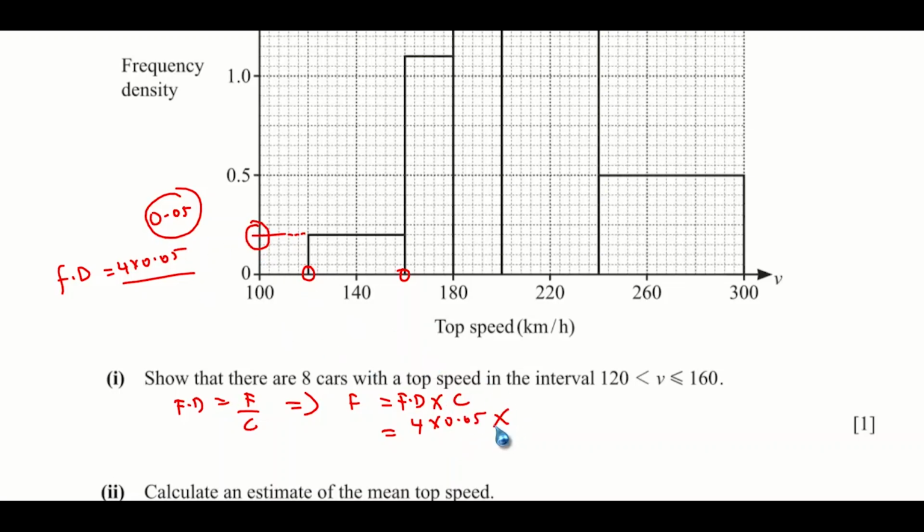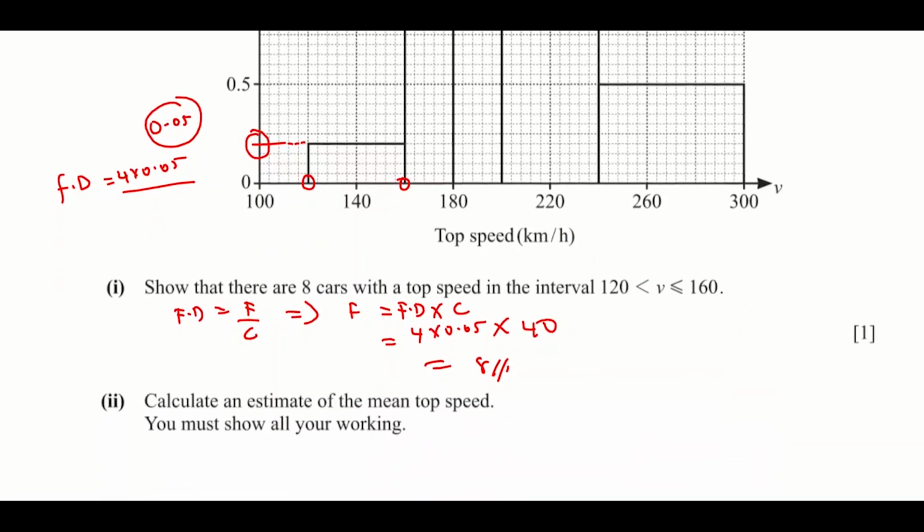Then multiplied by the class size, that will be 160 minus 120, that will be 40. So times 40. This will be equal to 8. So we've shown that there are 8 cars with a top speed in the interval of 120 and 160.